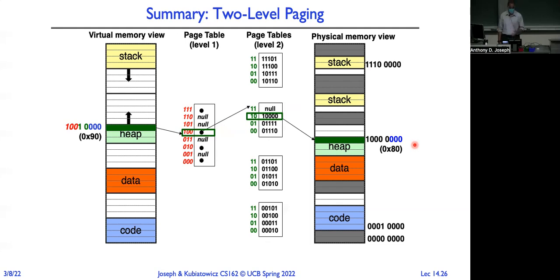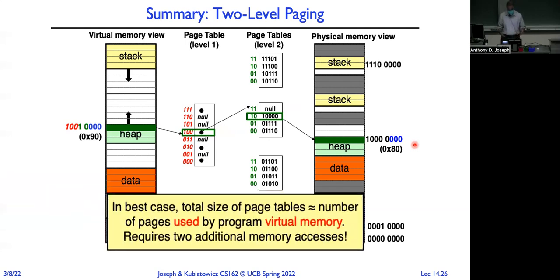Copy over the offset. In the best case, the total size of our page table is going to be proportional to the number of pages being used by the program's virtual address space. That's much smaller than before, where it was proportional to the maximum size of the virtual address space. So assuming the programs are relatively small, our page tables are going to be relatively small. And for these second level tables, they can live out on disk if we're not using them.